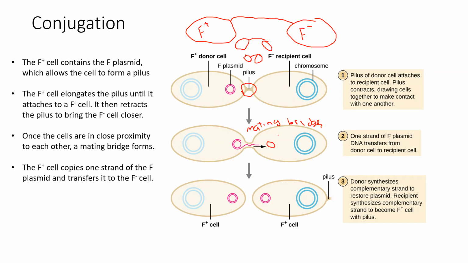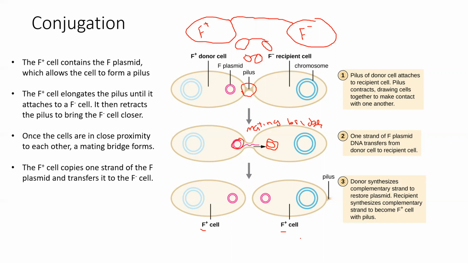Then each of those cells can do DNA replication, so that at the end of the day, it's a horrible drawing, they both have intact double-stranded DNA plasmids. Both of them at the end are F plus, because the donor cell gave the recipient part of its one strand of its plasmid. After DNA replication, they both have this plasmid.